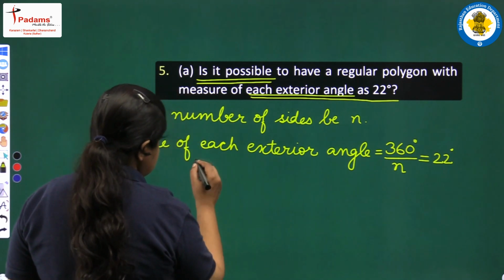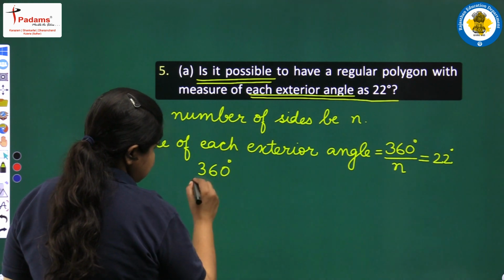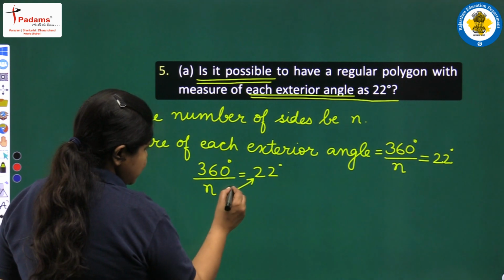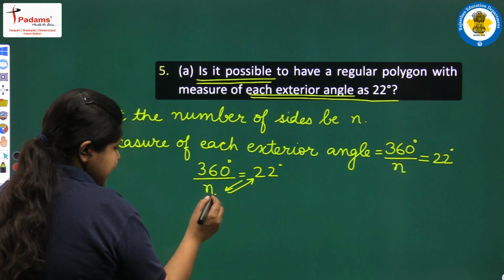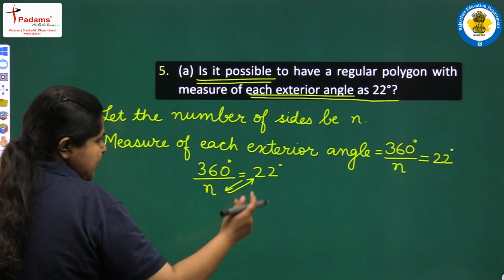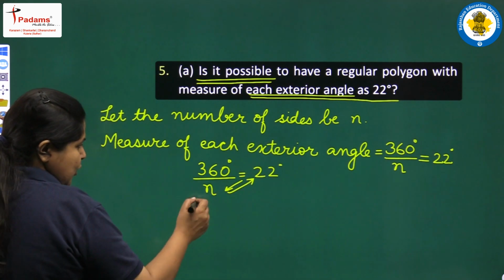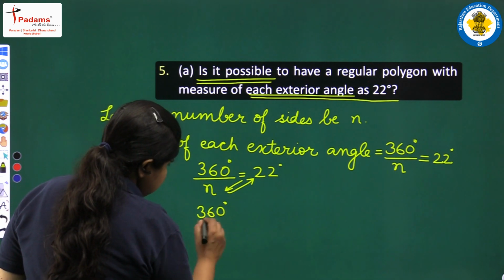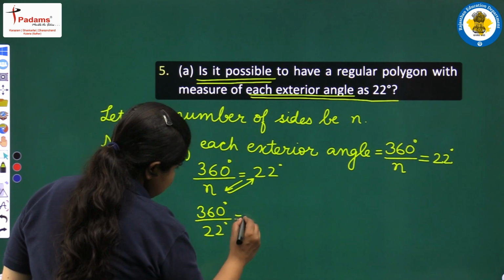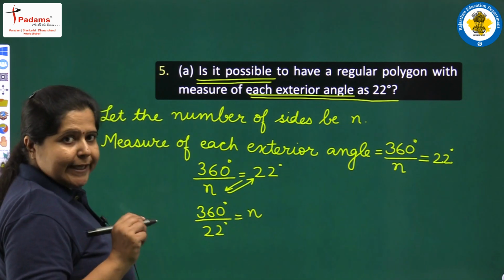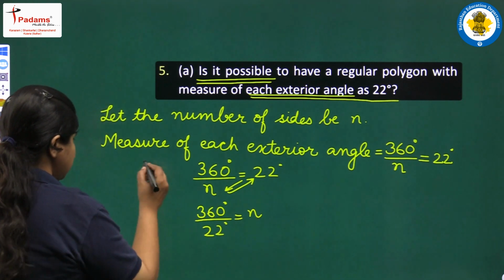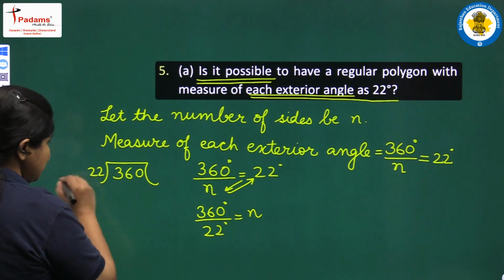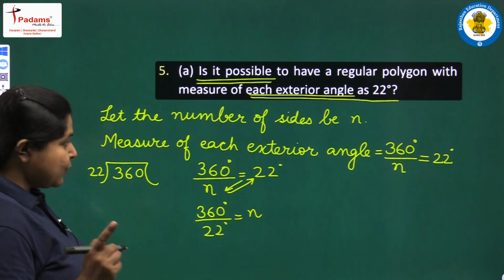What will we do? Let us rewrite it here. This n and 22, they both will be interchanged. This n will go upwards in the RHS and this 22 will come down in the denominator in the division part. So, we will get 360 degrees upon 22 degrees equal to n. Now, let us divide this 360 by 22 first. 360 is in the center and then we have 22. 22 twos will be 44, which will be greater.